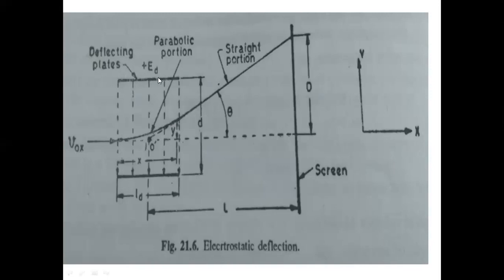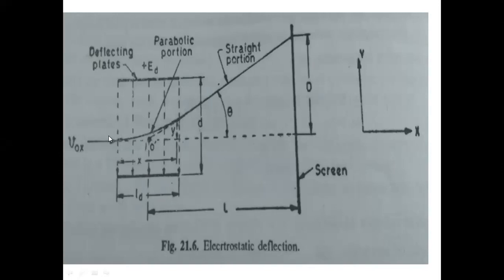Depending upon the potentials applied on these two deflection plates, here we are applying a deflection voltage of ED. The length of each plate is LD, and the distance between the two deflection plates is D.